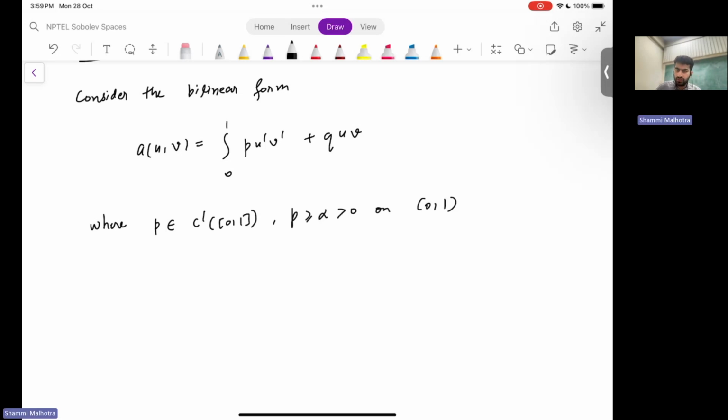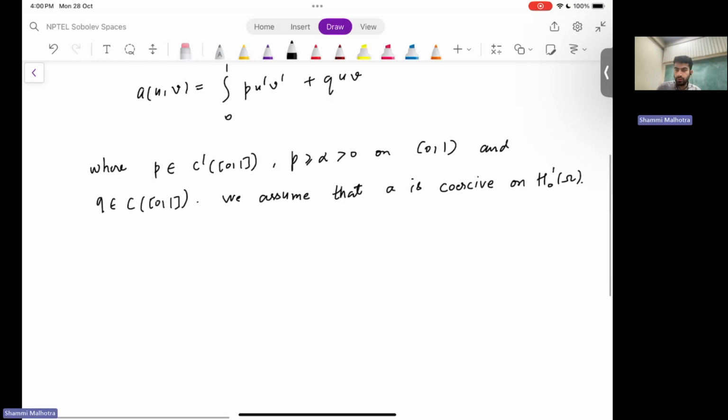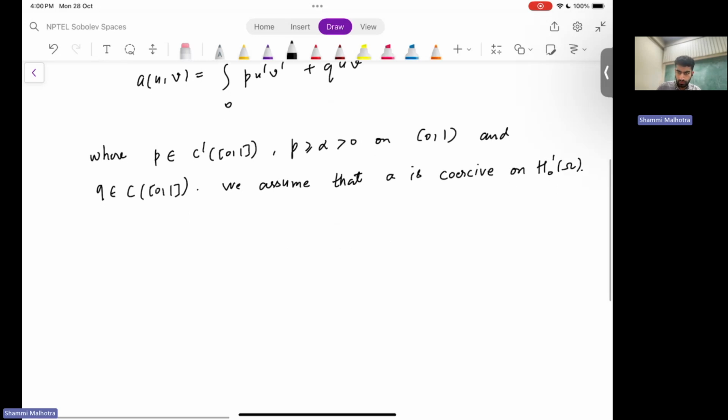So p is a positive C^1 function, and q belongs to C[0,1], a continuous function. We assume that a is coercive on H_0^1(Ω). And moreover, note that we are not making any sign assumptions on q.